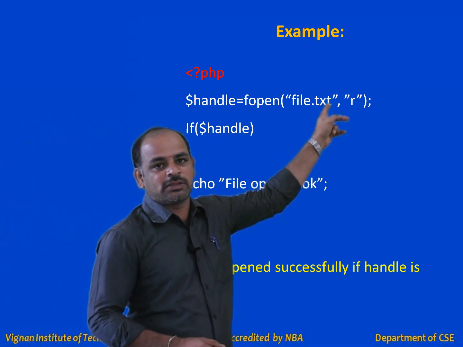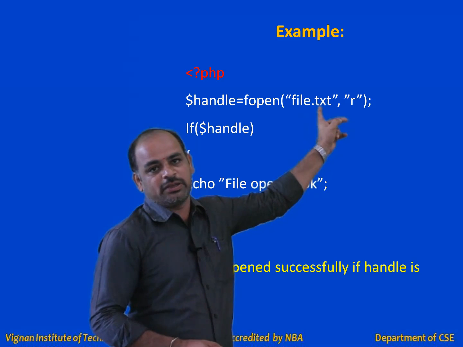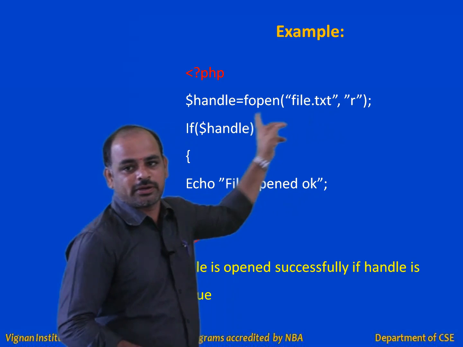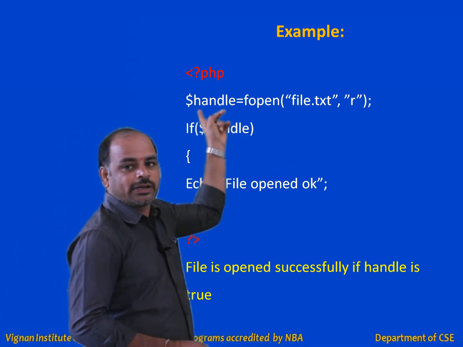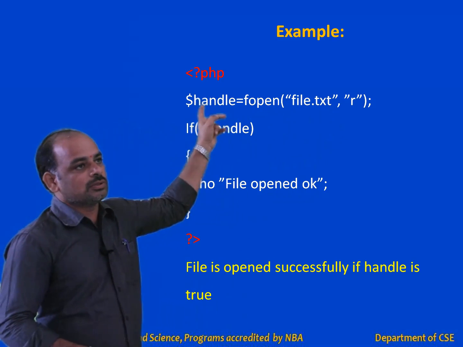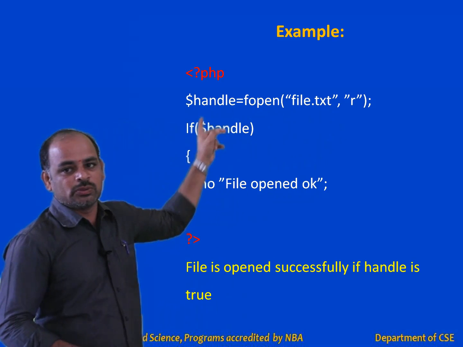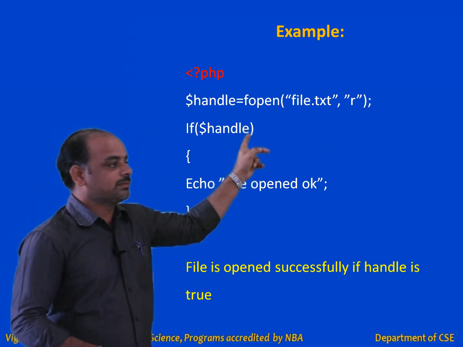When you are opening the file in read mode, this file.txt must already be available. If this file does not exist, you will get a file opening error, right? If the file is opened successfully, you will get a boolean value, that is, the value is true. If its value is true, this if statement block will be executed, which verifies the handle.